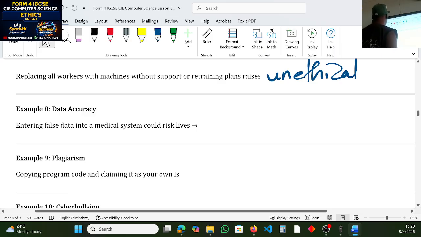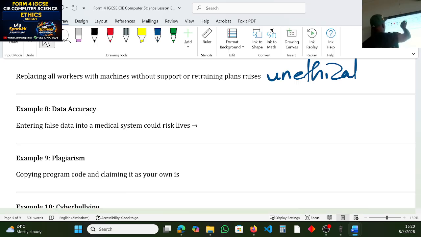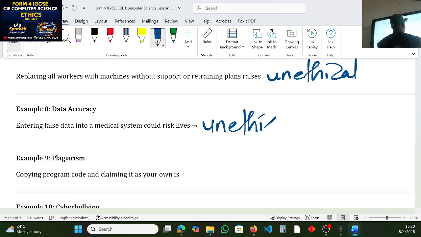Data accuracy, entering false data in a medical system could risk lives. So this is also unethical. Because when you enter false data, it might end up giving wrong medication or people thinking they have certain diseases which actually do not exist. Then plagiarism, copying program code and claiming it is your own.